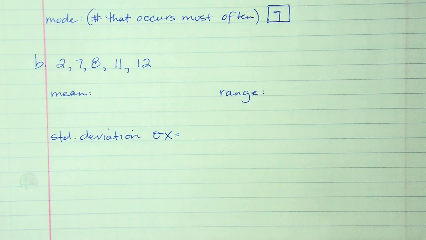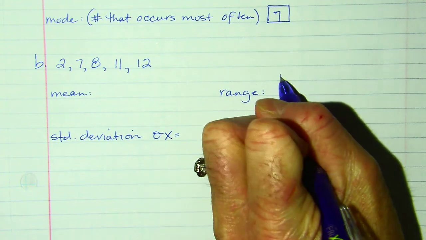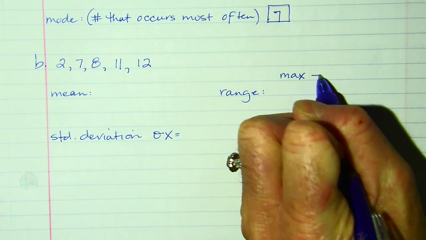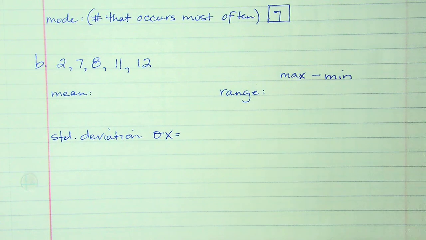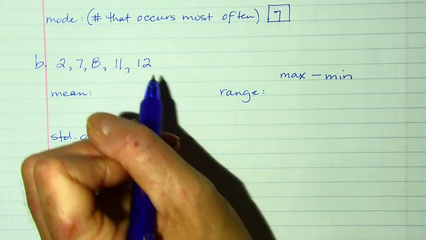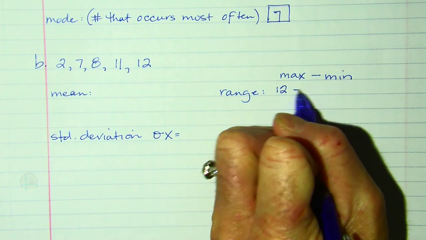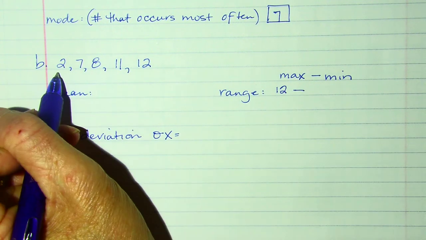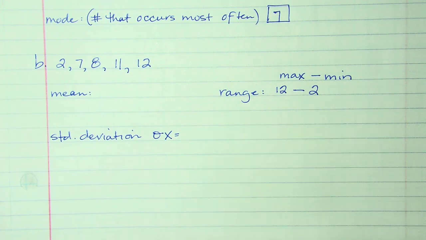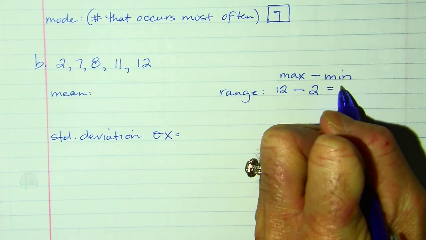Now, for range, it's not on Desmos. Range is simply your maximum minus your minimum. So the highest number minus the smallest number. In this list, my largest number is 12, or my maximum, minus the smallest number, or my minimum, which is 2. So the range of my data is 10.